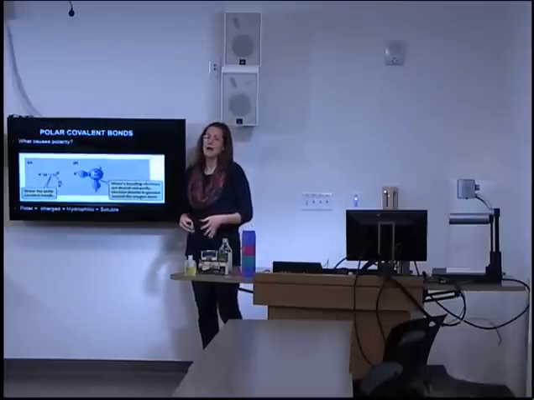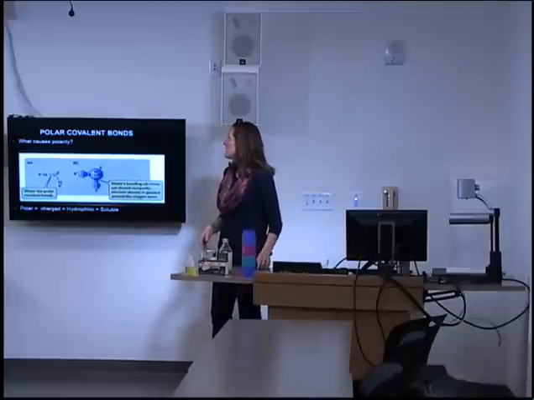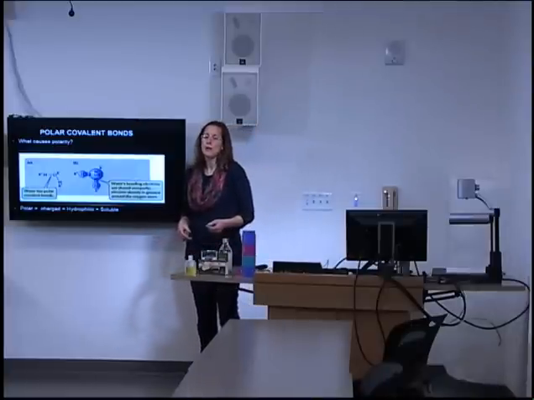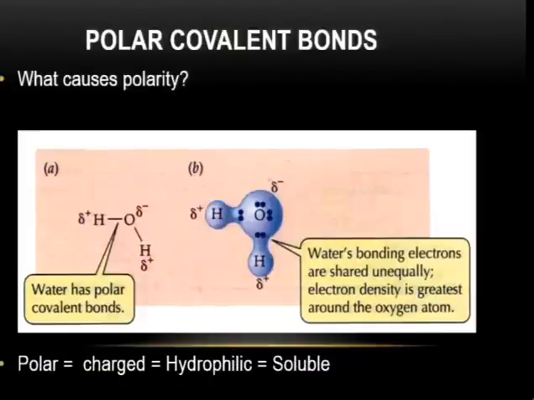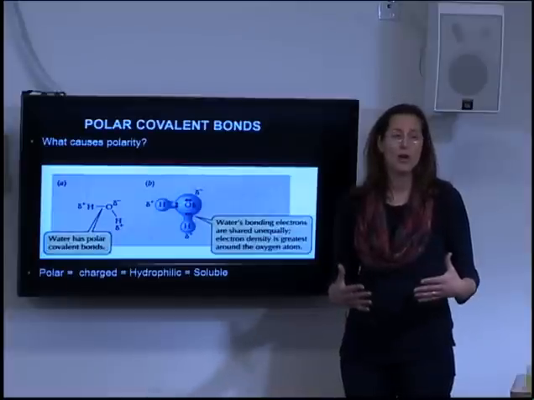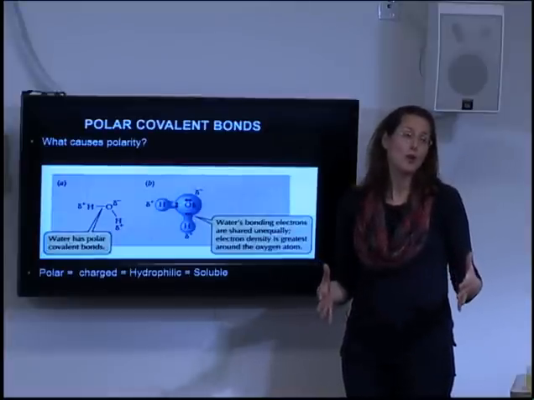And this would be a nonpolar covalent bond because it's an equal sharing of electrons. We can contrast that with polar covalent bonds. Polar covalent bonding is an unequal sharing of electrons, and water is a great example of this. First, let's define polar. If something is polar, it means that it has some sort of charge on it. It could be a partial charge, or it could be a full-blown charge.